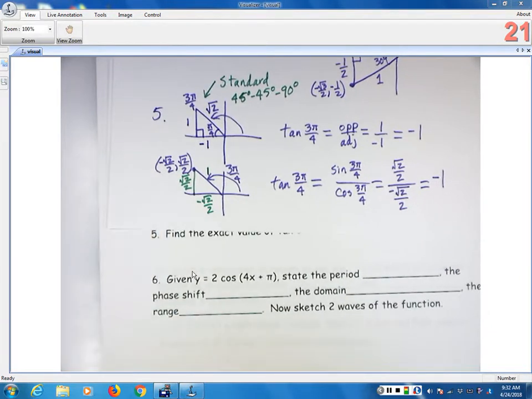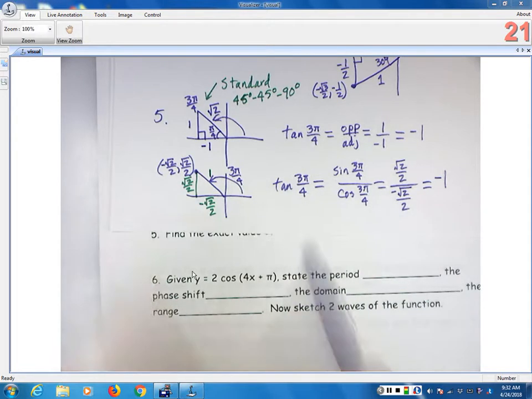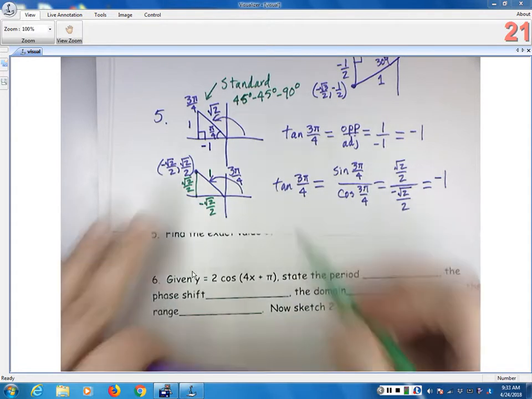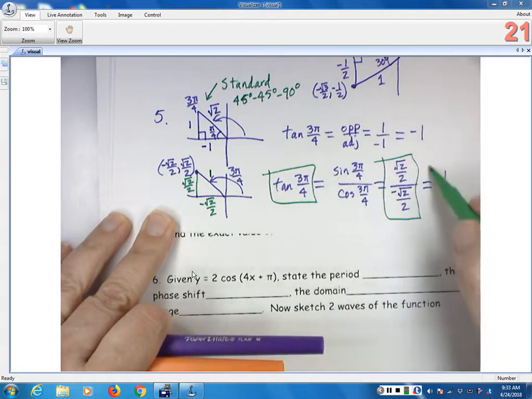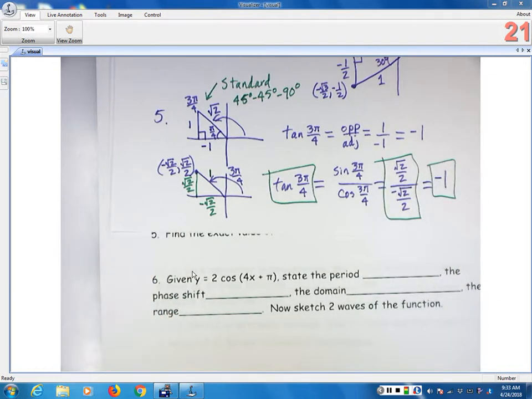Okay, so you should show, at a minimum, show this. Show those steps. Because then I'll know you understood, right? You guys always want to know the minimum number of steps, right?